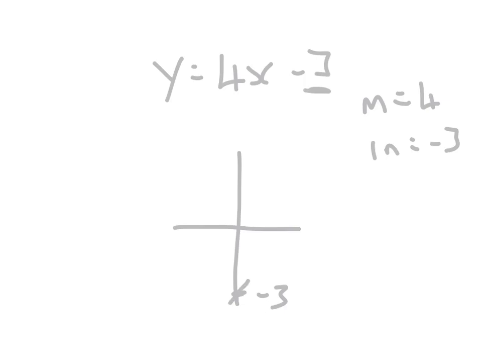So you've got a point that's going to go there. And don't forget your slope is going to be the y's over the x's. So in theory your slope is 4 over 1. So you go across 1 on your x-axis, and then you go up 4. So -3 plus 4 is going to take you to y equals 1. And you've got your second point there. And then all you've got to do is join your points up, and you've got your graph.